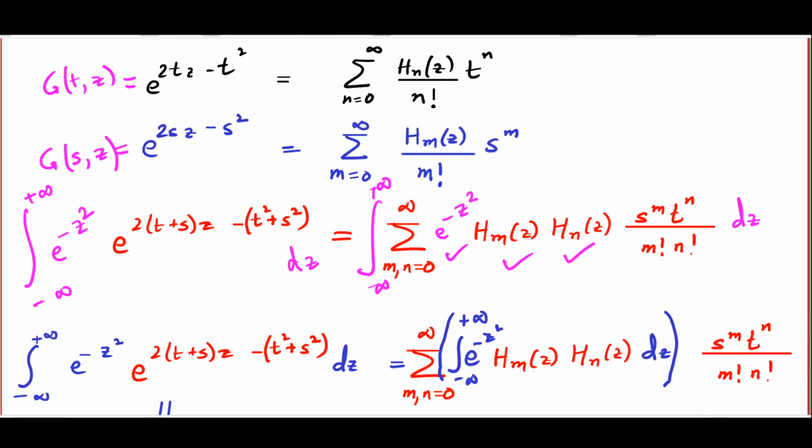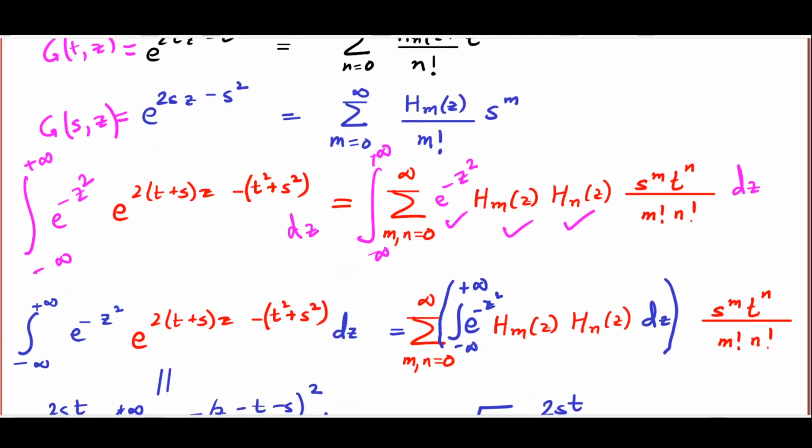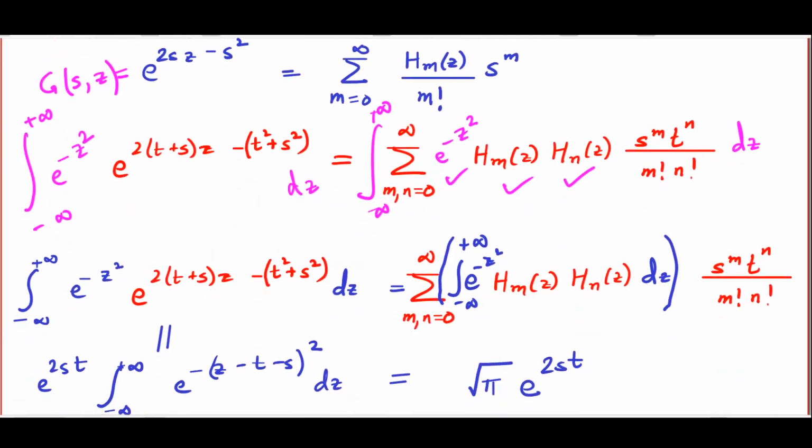Fine, but what do you know about the left hand side? The left hand side is an integral which is pretty easy to do. If you just supplied an extra 2st here, then this would simply be nothing but (z minus t minus s) whole squared in the exponent. Of course, that means you have to pull an extra e to the 2st outside. But now this integral is something you all know how to do.